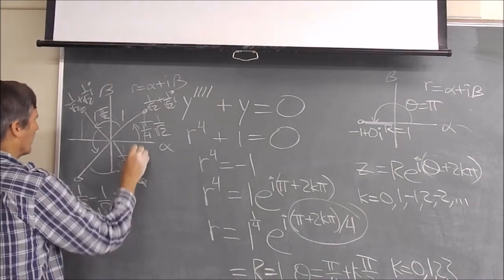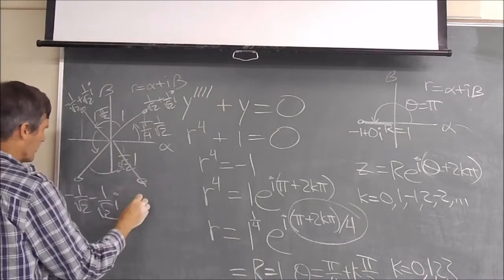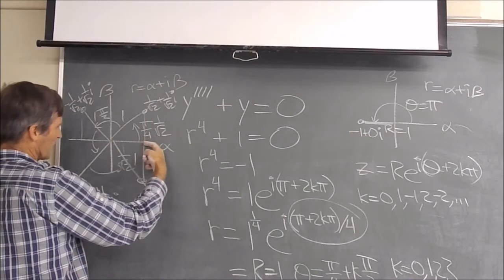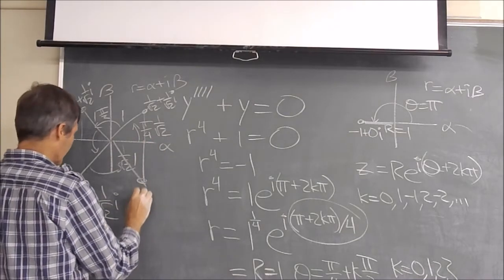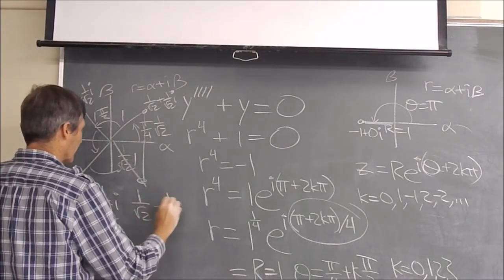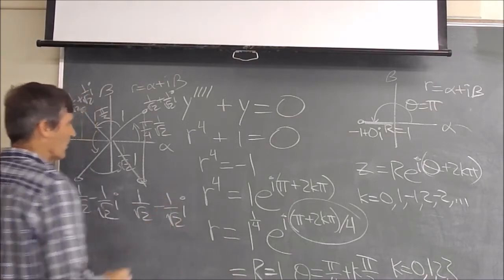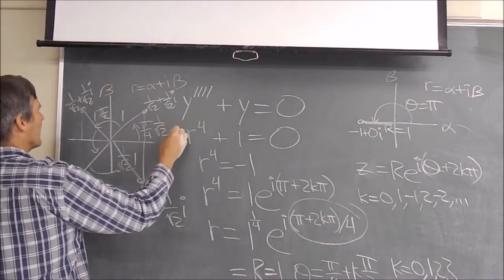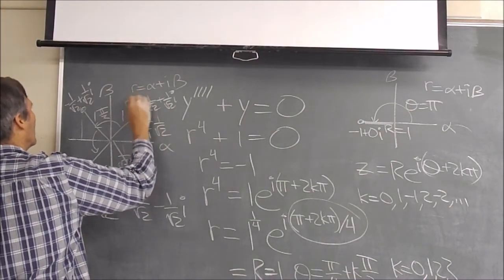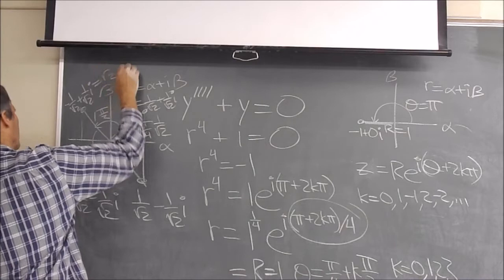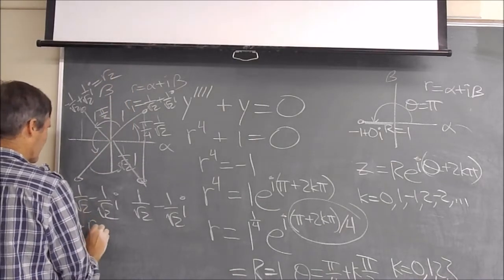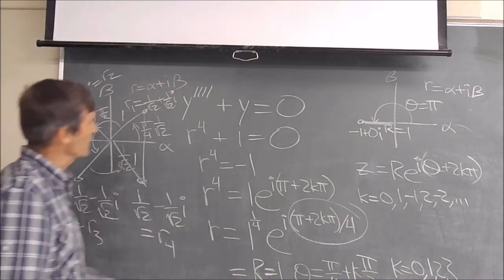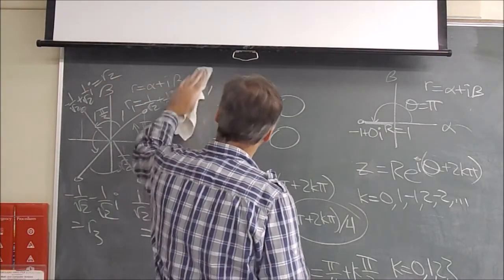This one here, 1 unit out, and pi over 2 more over, this is 1 over square root 2, and this is 1 over square root 2. This is the number 1 over square root 2 minus 1 over square root 2 i. Those are the 4 values of r. This is, if you like, r1, this is r2, this is r3, and this is r4. That tells you exactly what your solutions are going to look like, right?